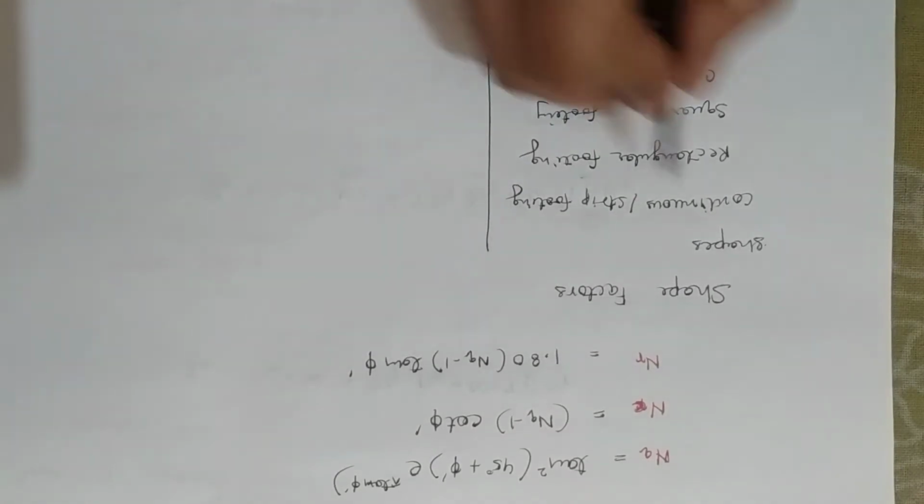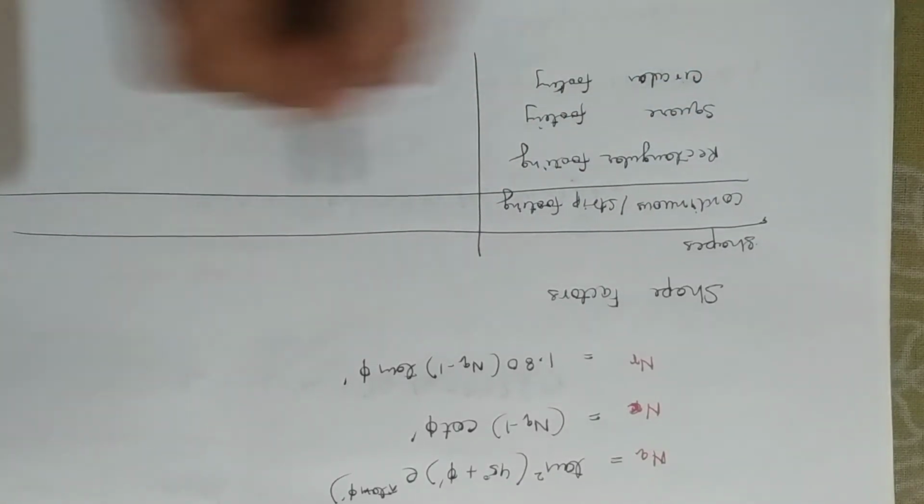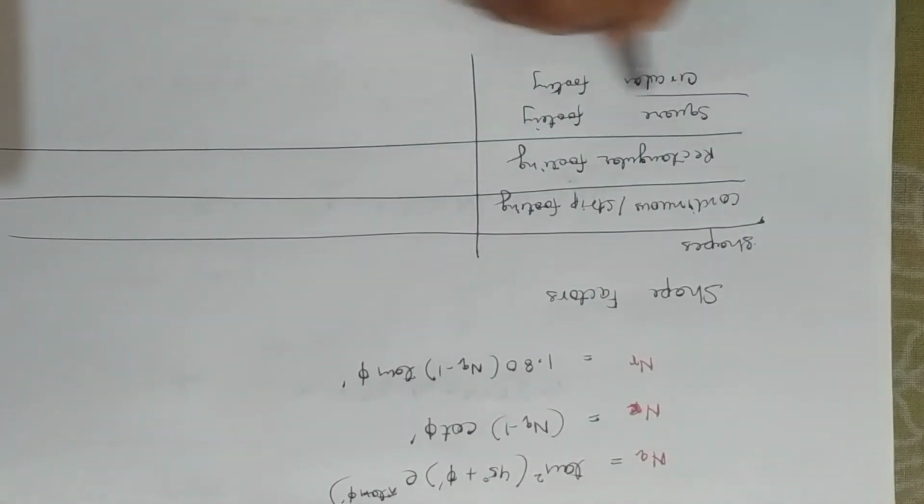These kinds of footings have different values of shape factors, like SC, SQ and S gamma.